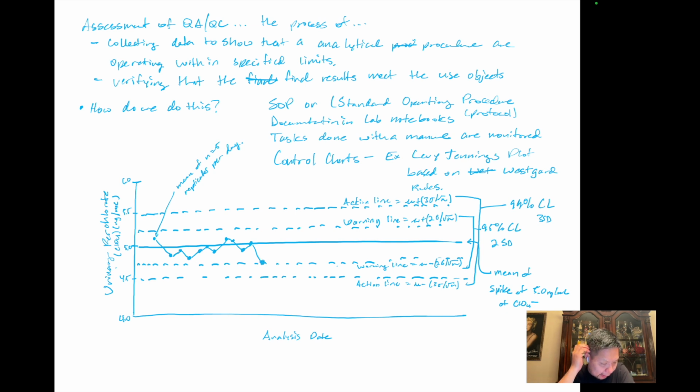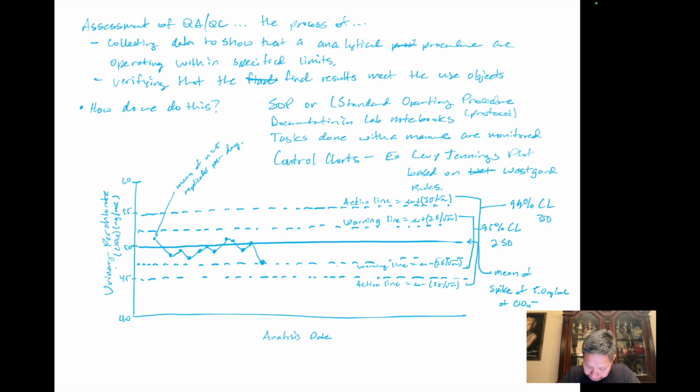We're exactly on the warning line. So maybe you don't have to do anything just yet. Maybe we write this out and see what it looks like tomorrow. But a warning line means that you need to keep an eye on this. Maybe your instrument is starting to get out of calibration, and you have to redo the calibration curve. So it's starting to be a cause for concern.